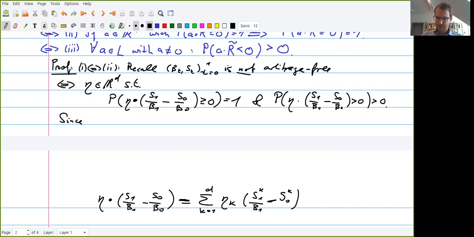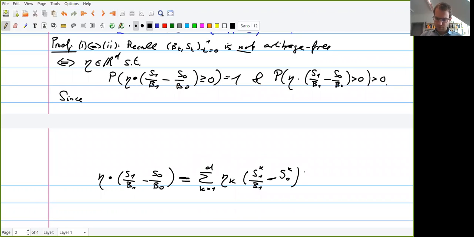Right. And we rewrite this by pulling out the S_0^k. If I pull out S_0^k here, what I get is exactly my discounted returns.